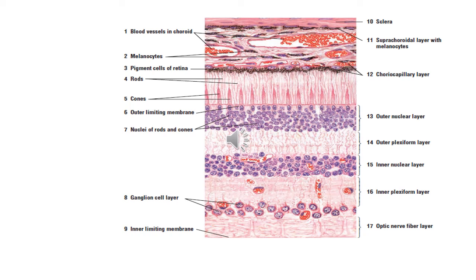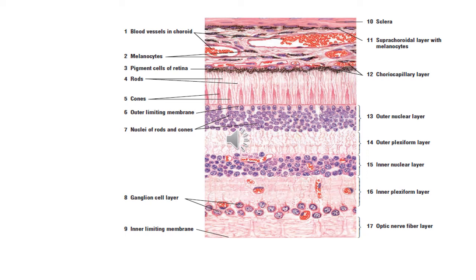Then coming over to the outer plexiform layer, also called the outer synaptic layer, which is the region in which the processes of the rods and cones make synapses with the processes of the bipolar neurons. You can very well see it.